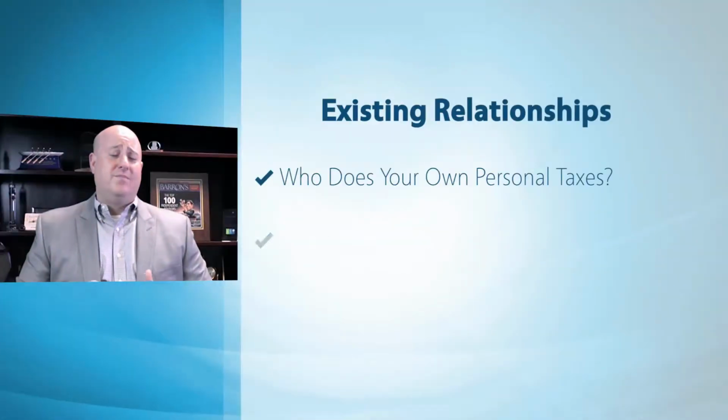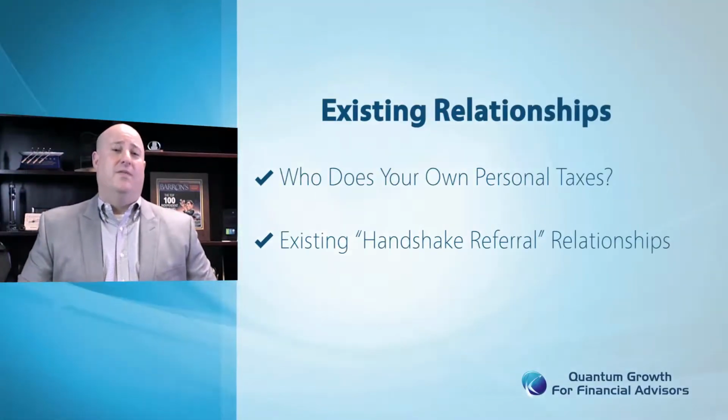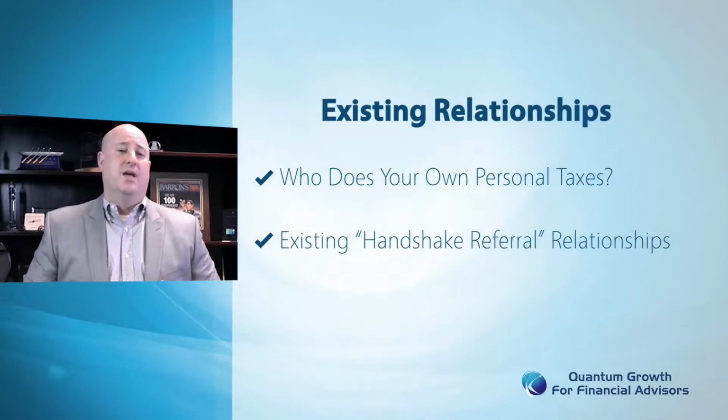So from a resource perspective, there's really a handful of ways to start to build these relationships. One is existing relationships, meaning relationships that you currently have with CPAs. Here's what I find really interesting. You know the old saying that the definition of insanity is to continue to do the same thing over and over again and believe that you're going to get a different result.